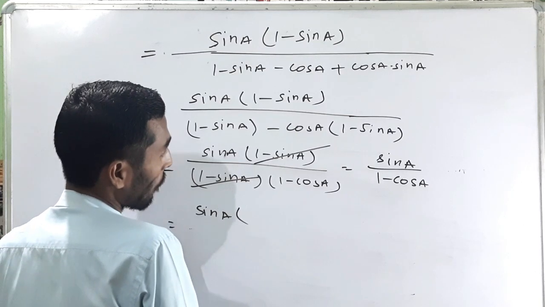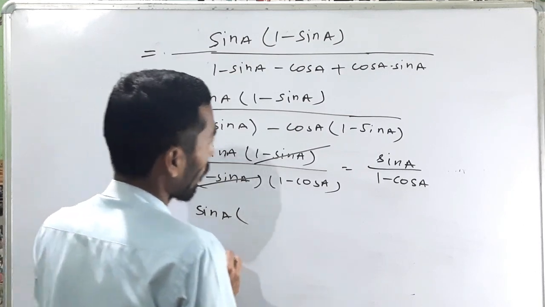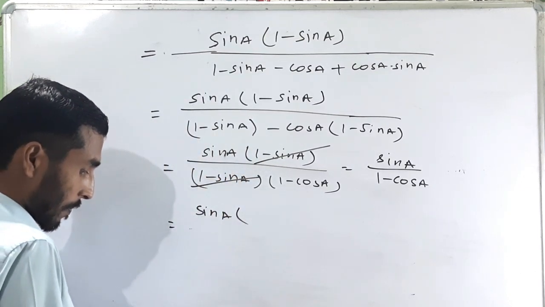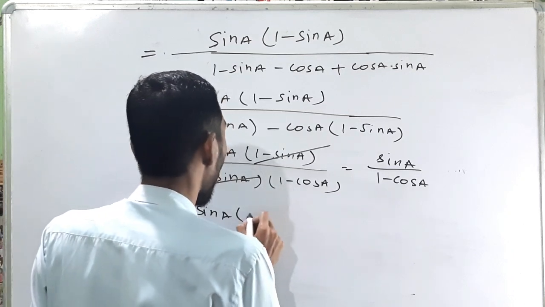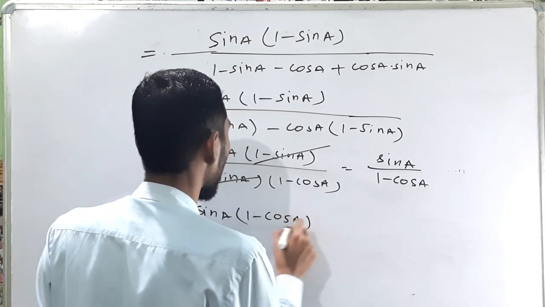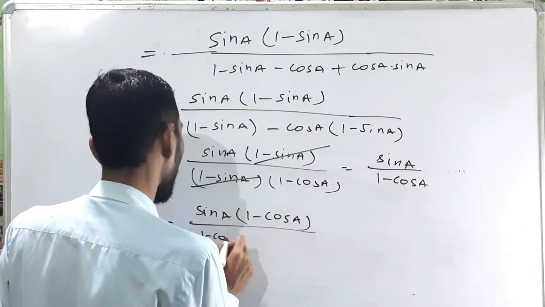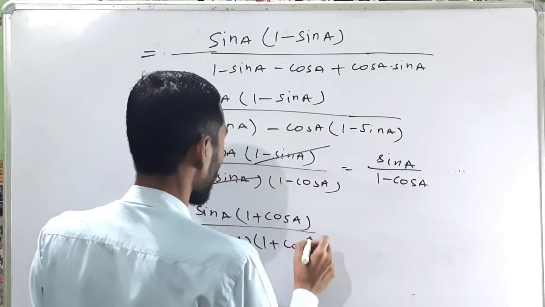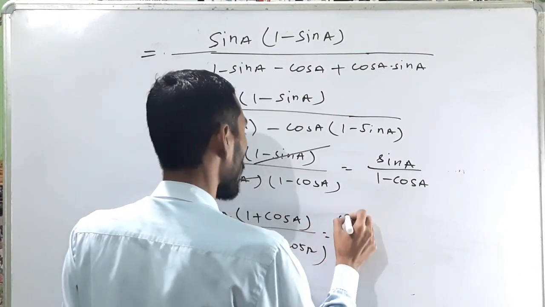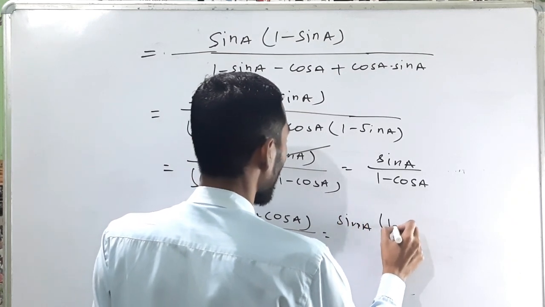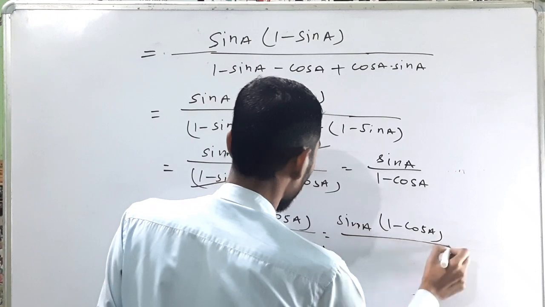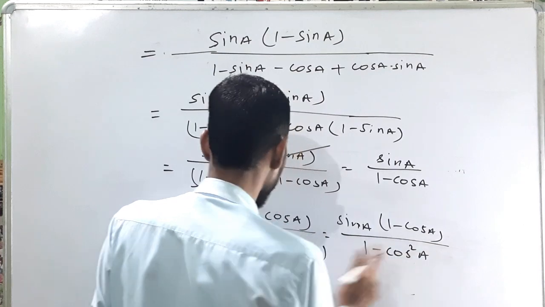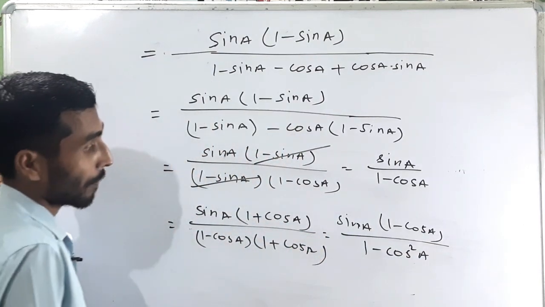Sin A into 1 minus cos A by 1 minus cos A, 1 plus cos A. What will happen? Sin A into 1 minus cos A by 1 minus cos square A. Why? A plus B into A minus B is A square minus B square.